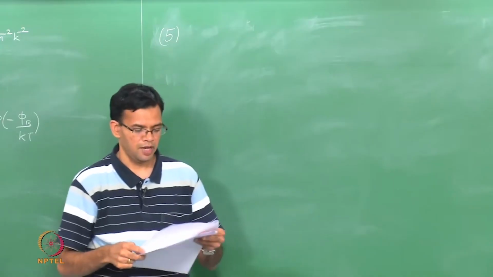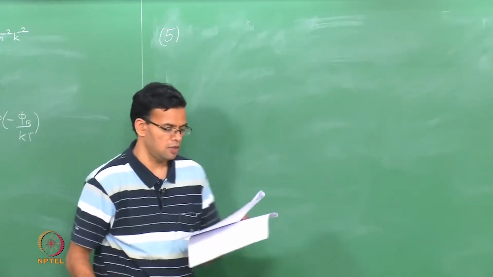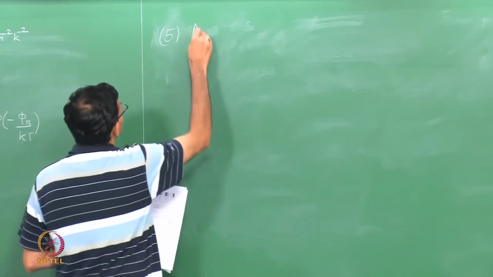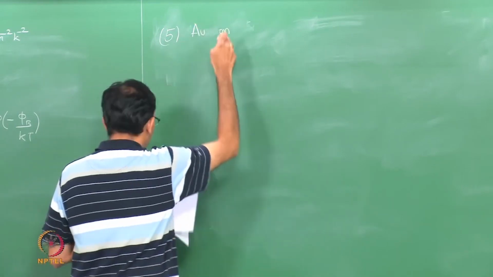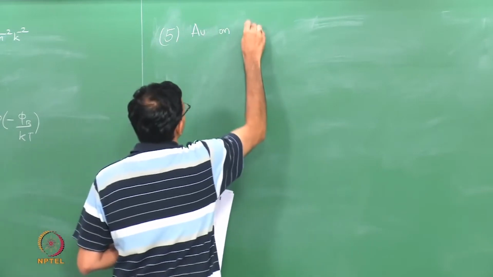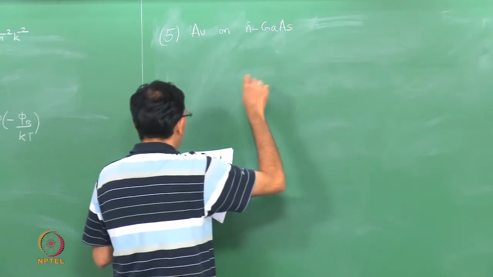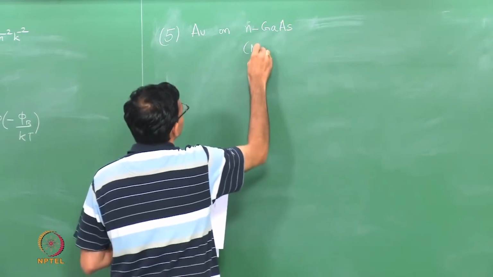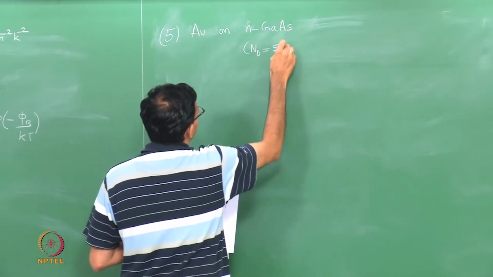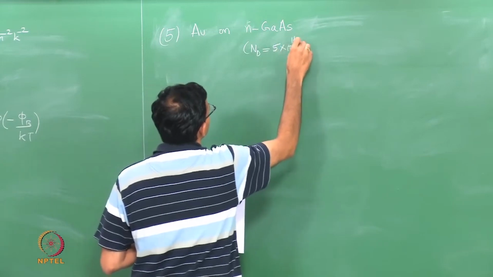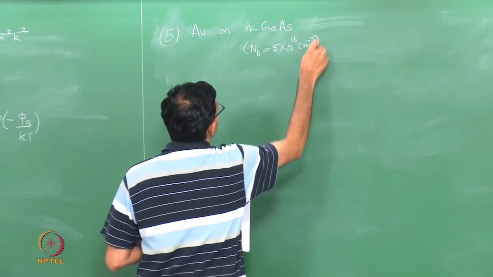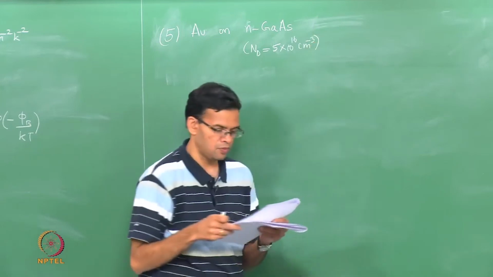Problem 5, we have a Schottky diode formed by depositing gold, but now the material is N type gallium arsenide. So, we have N gallium arsenide with Nd is 5 times 10 to the 16 per centimeter cube.